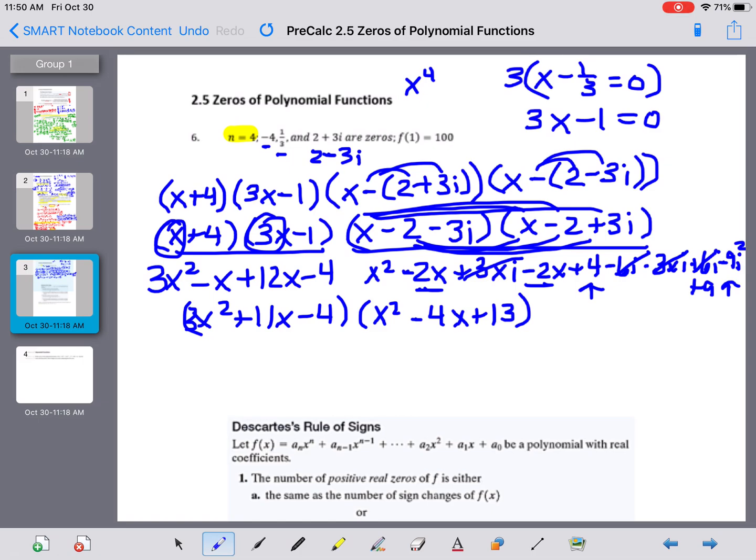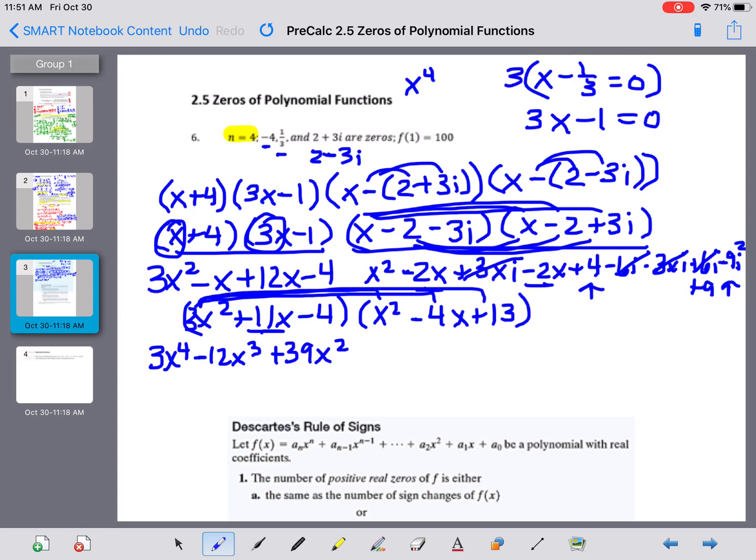All right, now the last task of multiplying these two together. Okay, so 3x squared times x squared. I think I can get this right this time. 3x to the 4th. Next two terms, 3x squared times negative 4x is going to be negative 12x to the 3rd. And then 3x squared times 13, which should make 39x squared. Okay.